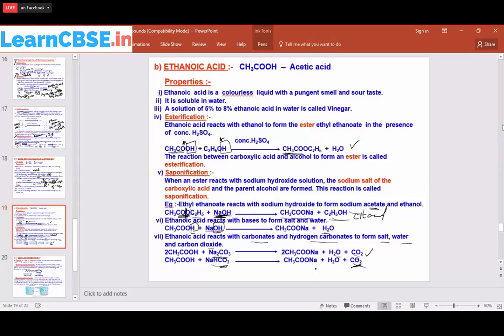So CH3COONa, and here one hydrogen atom and here one oxygen form the water. So we need not balance the equation over here. Everything is balanced. But in the previous case, we had to balance the equation by 2.